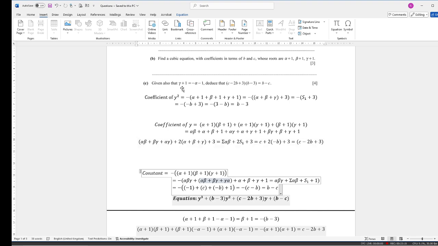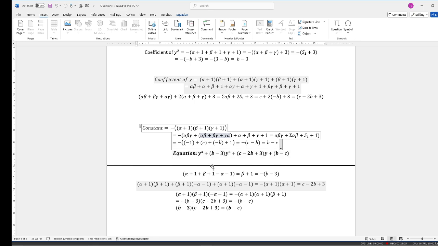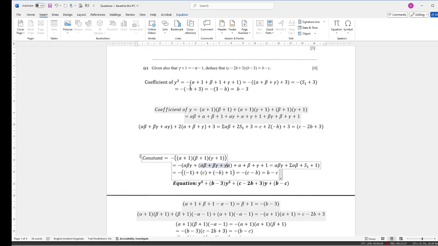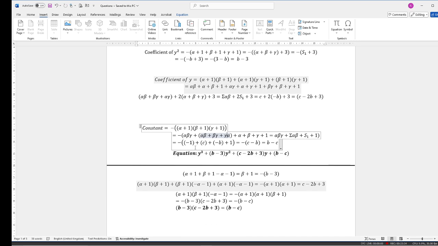Now, given also that gamma plus 1 equals negative alpha plus 1, deduce that, well, this equals this. Okay, this is rather very easy. So you know that gamma plus 1, which is a root of the equation, is equal to negative alpha minus 1. So when you sum up all the roots, you're going to get alpha plus 1, beta plus 1, minus alpha minus 1, which is equal to beta plus 1.